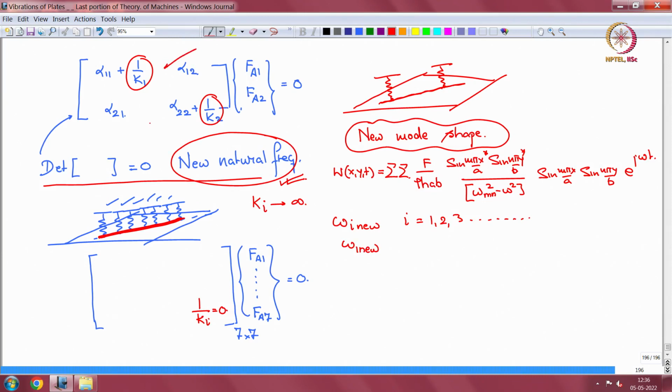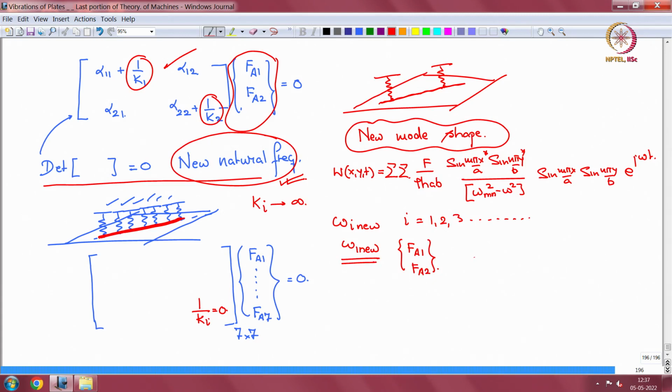And therefore I can find the non-trivial FA1, FA2 values. FA1, FA2 are like the eigenvector for omega 1 new.